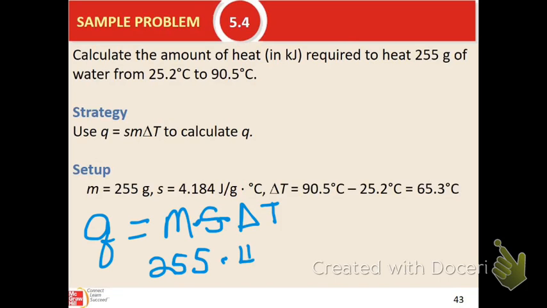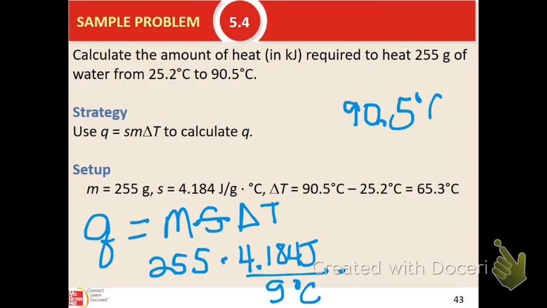The specific heat of our water is 4.184 joules for every gram and every degree Celsius. And then our temperature change, we're going to subtract, I'm up here on my scratch paper, 90.5 degrees Celsius minus 25.2 degrees Celsius.